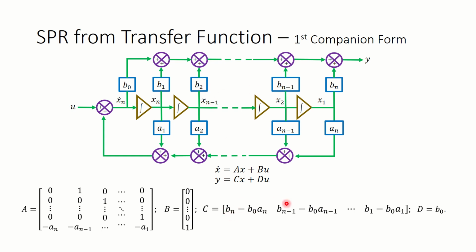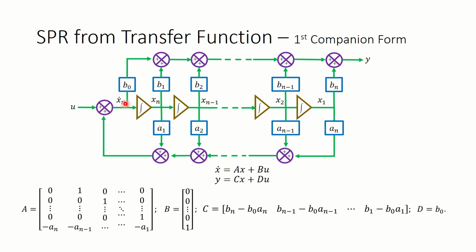So xn is passed through b1, x1 is passed through bn, x2 is passed through bn minus 1. So this is happening, and furthermore, note that this must be negative, this must be minus. So this is something I have mistakenly put here plus.